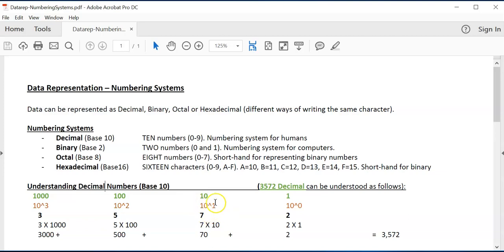So 10 to the power of 1, 10 to the power of 2, and the last digit on the left is 10 to the power of 3. If there was more digits here, we would keep going 10 to the power of 4 and so on. So we begin from the right and we keep increasing the power as we go to the left. So the impact of this really is that you begin with 1, because 10 to the 0 is 1.